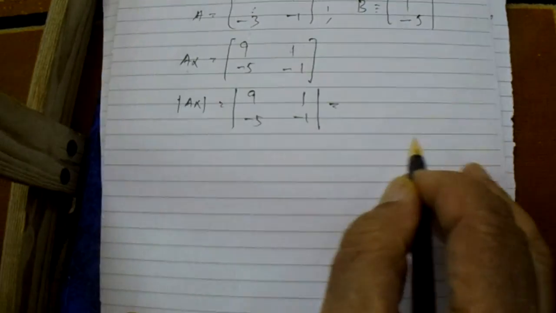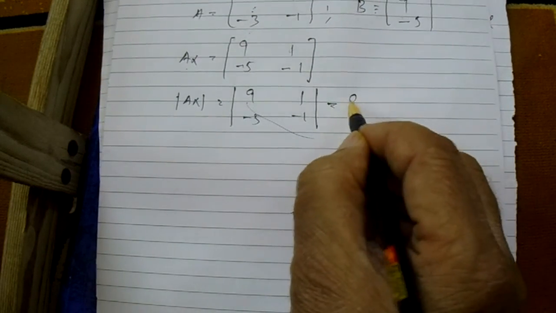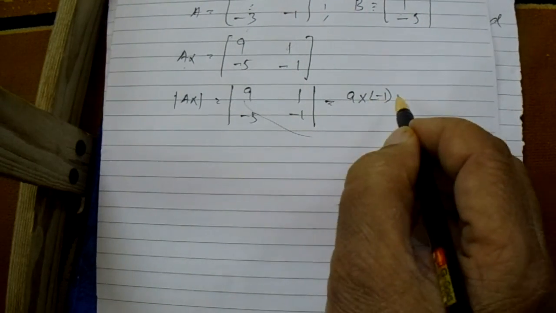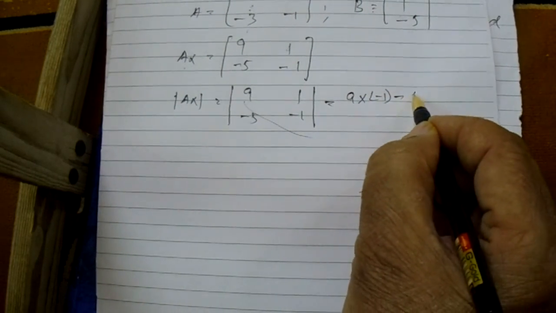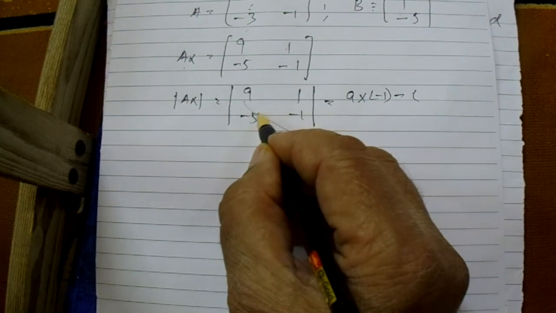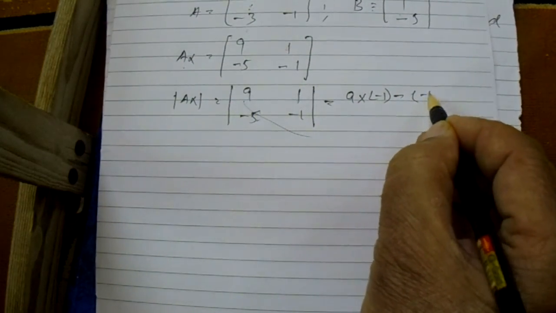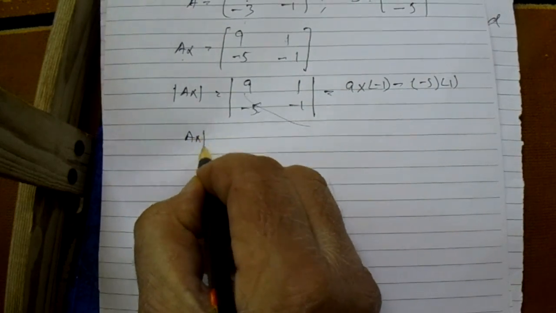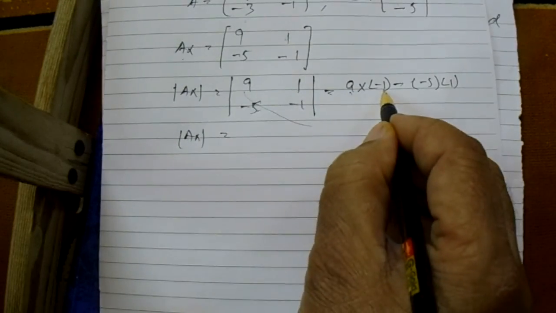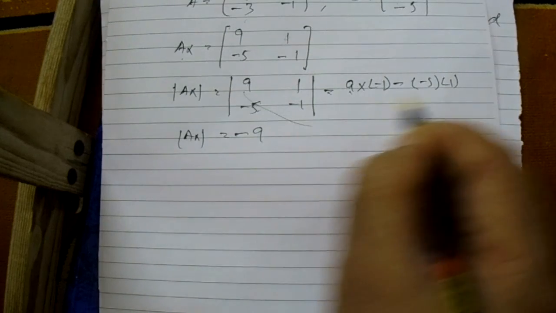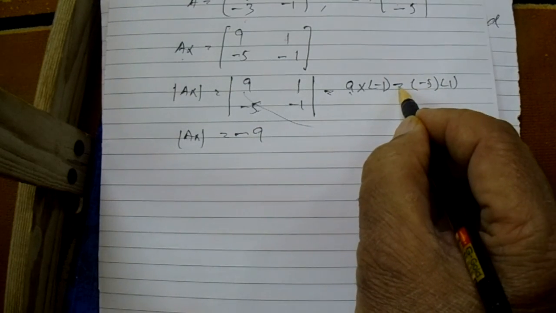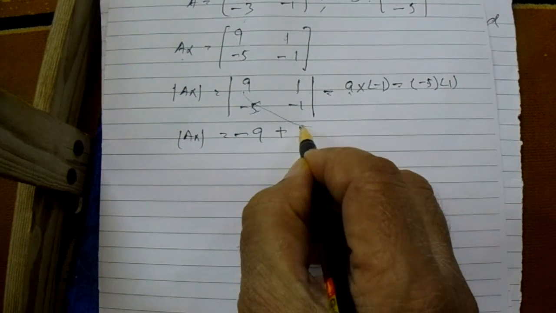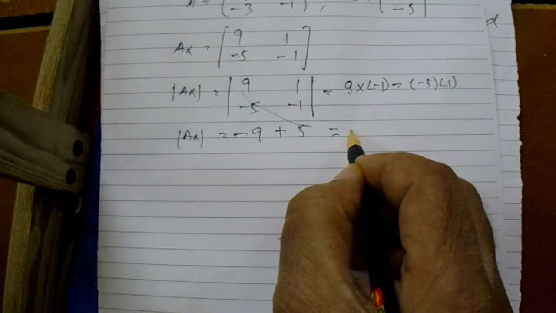We find determinant Ax: 9 multiplied by minus 1, and minus minus 5 multiplied by 1. Now determinant Ax is equal to 9 multiplied by minus 1, minus 9, and this minus will multiply this, plus 5, is equal to minus 4.